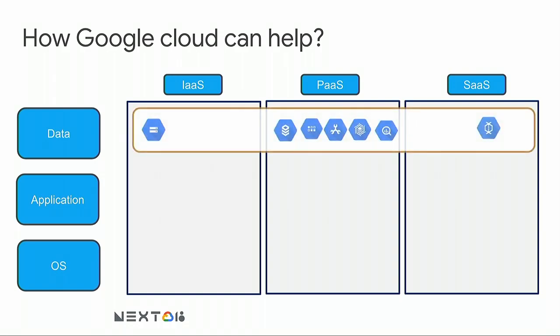So from Google's perspective, we have different types of constructs or capabilities that would allow you to say, okay, in terms of SaaS, one of the key things that we look at is Google Cloud Storage, and that's one where we basically want to get our data on it, start doing some backups, disaster recovery, and all of these types of things. From a PaaS perspective, we have lots of constructs that would help you to get there as well in terms of the data that would be required to be migrated with these types of apps.